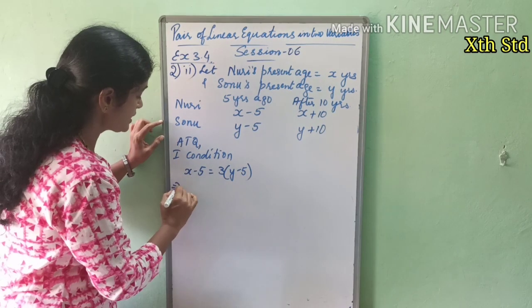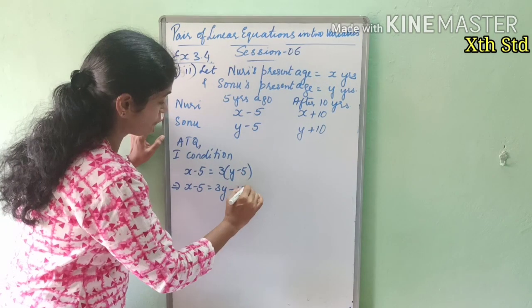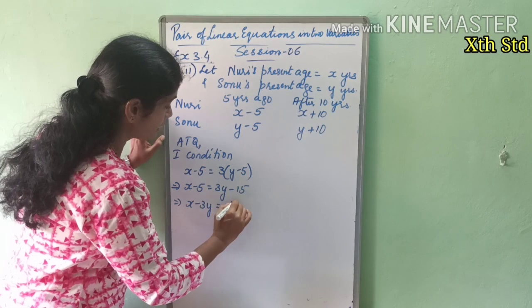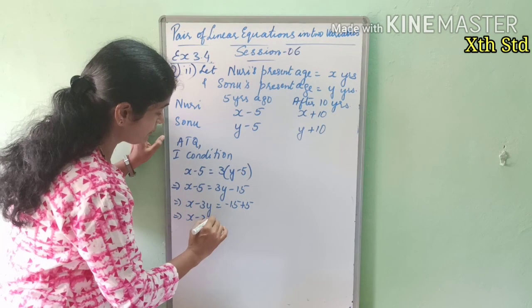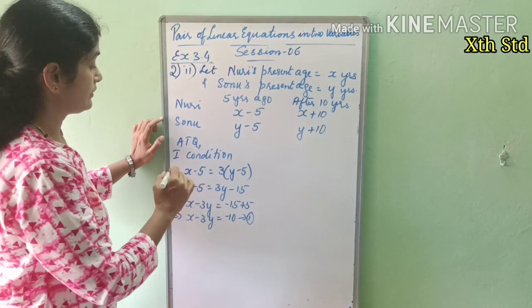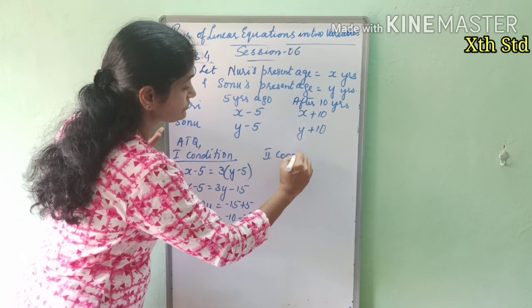Now simplify this. x minus 5 is equal to 3y minus 15. So x minus 3y equal to minus 15 plus 5, that is x minus 3y equal to minus 10. This is your first equation. Then the second condition.